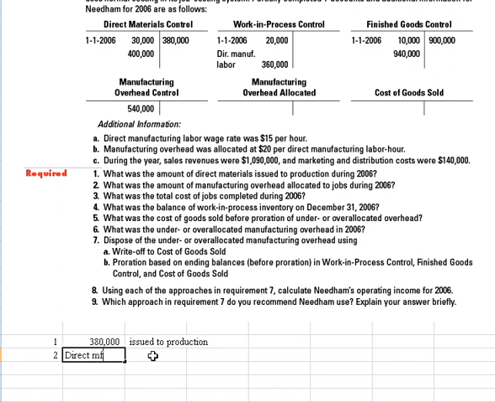Direct manufacturing labor hours would be equal to the direct manufacturing labor costs divided by the direct manufacturing wage rate per hour, right?